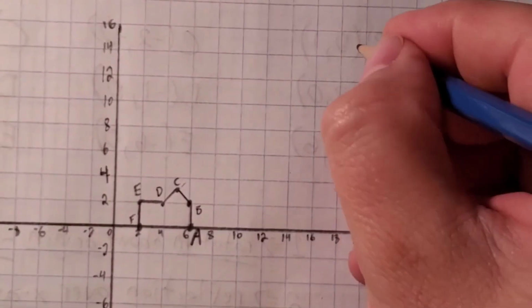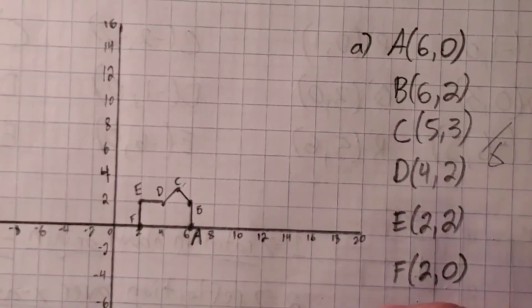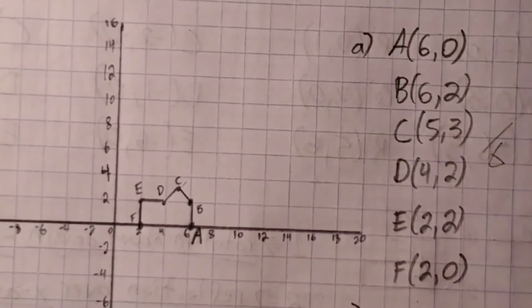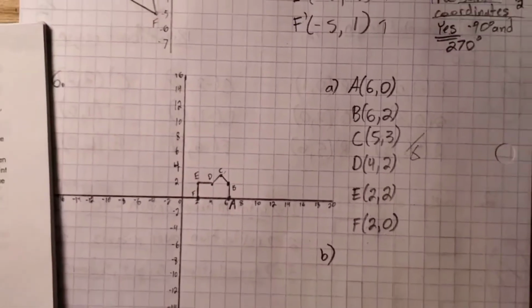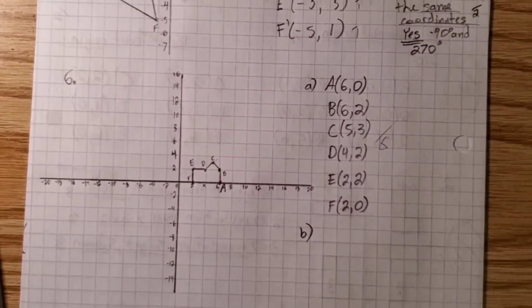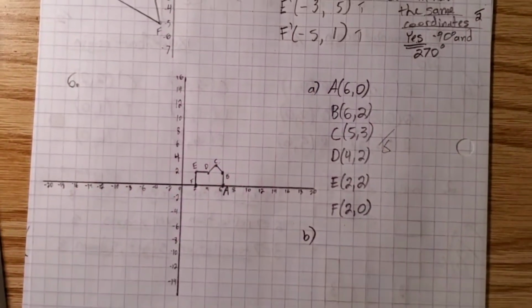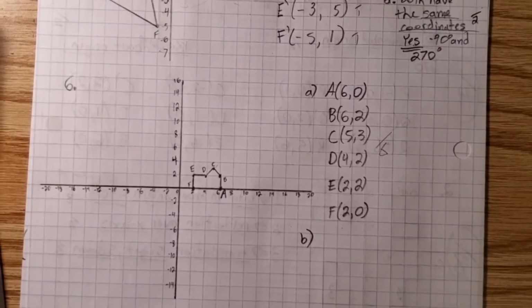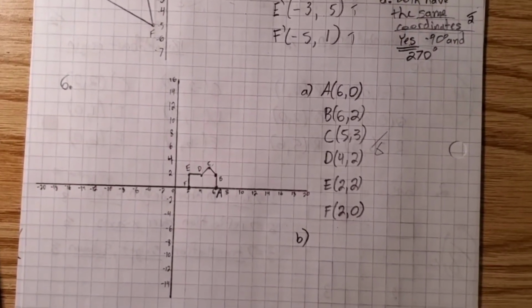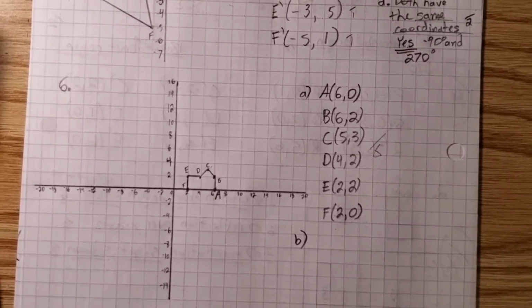Okay, B, let's just do it over here. Okay, zoom out a bit. B says, translate, so that just means move it, shift it, the polygon 6 units left and 2 units up. Write the coordinates of each vertex on the image polygon.